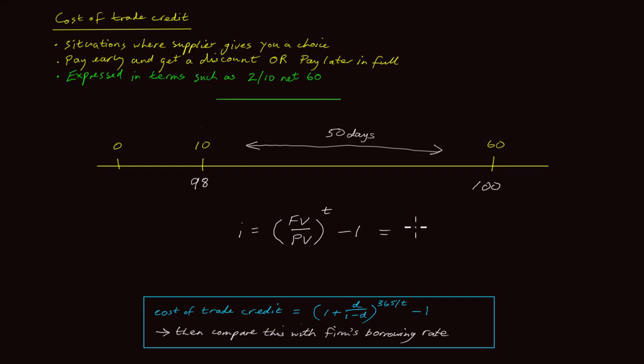And in this case, we have 100 divided by 98 to a fractional exponent of 365 divided by 50, minus 1, equals a discount rate of 15.89%.